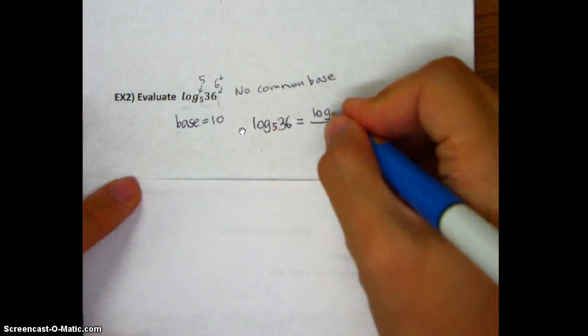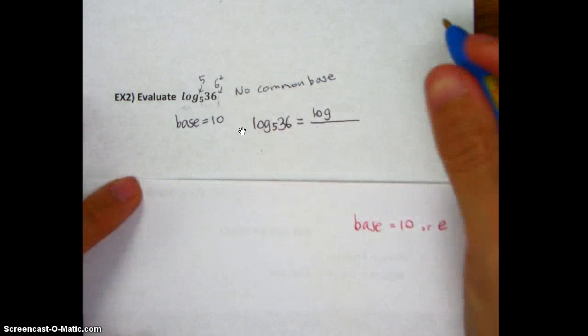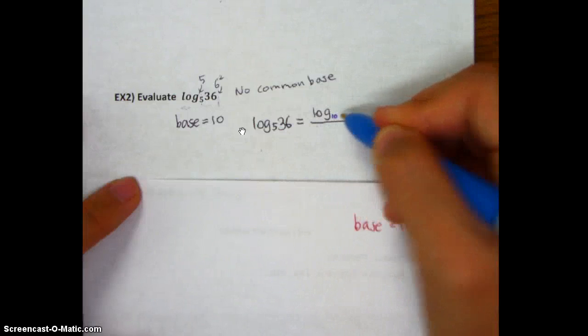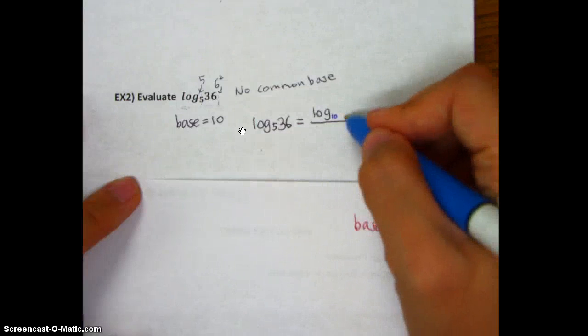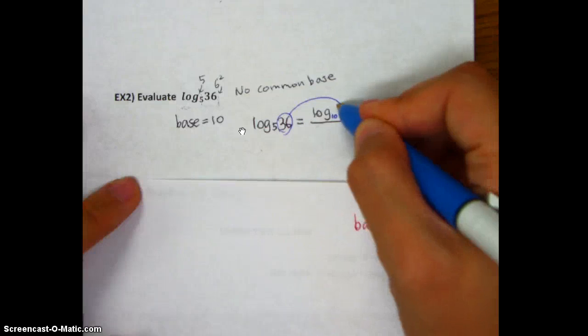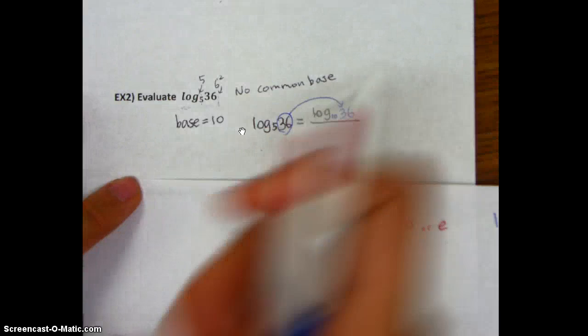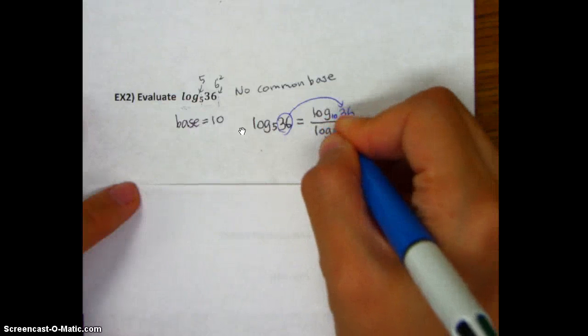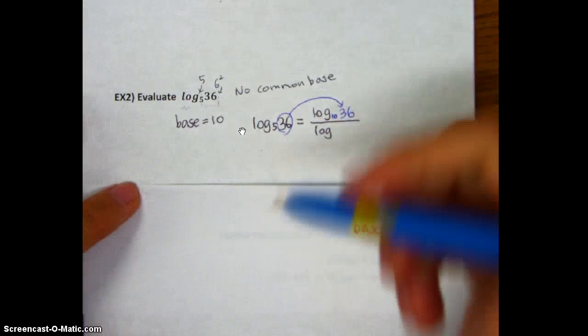So 10, I don't have to write 10 here, but let me just write it so that you know that's the base. And then for our argument on the top, I'm just gonna use the old argument, which is 36. In the bottom, I just write log of the new base, the same base, which is 10.